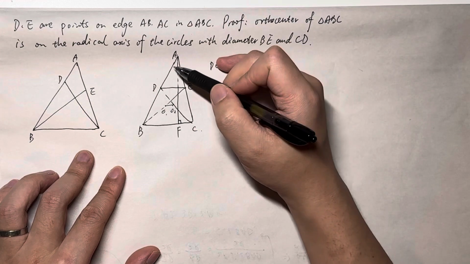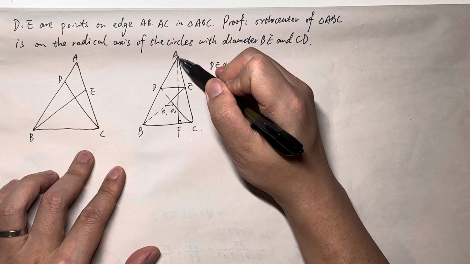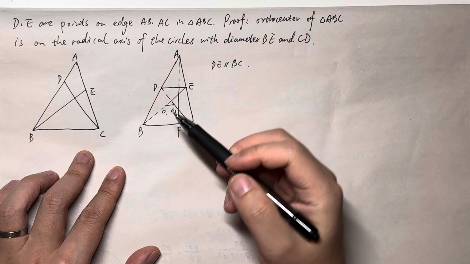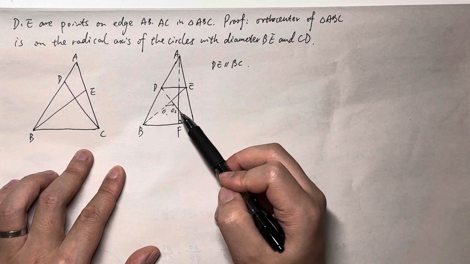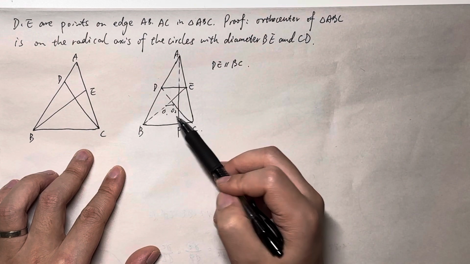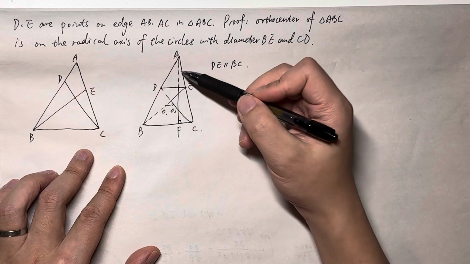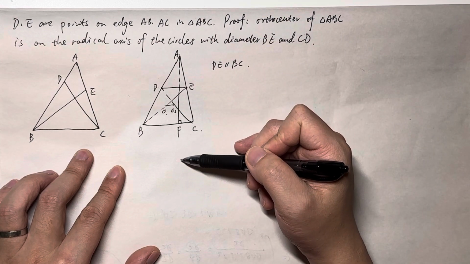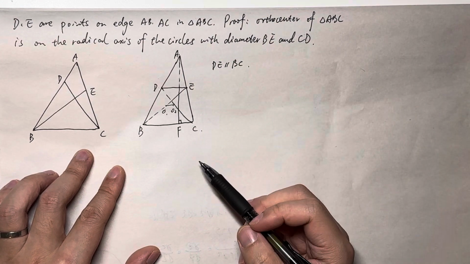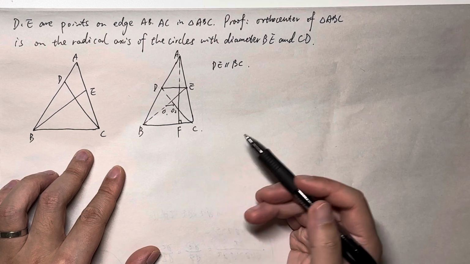And in the last video, we proved the powers of A with respect to circle O1 and circle O2 are equal, which means the altitude AF is a radical axis line, right?